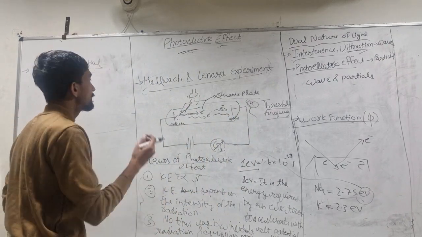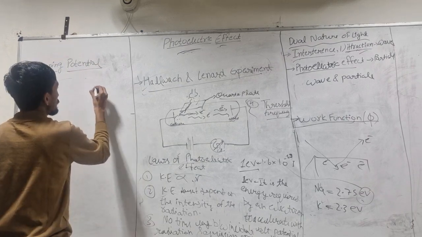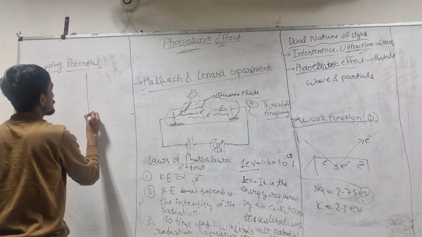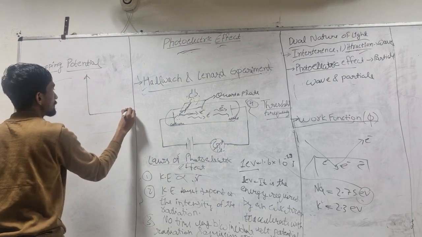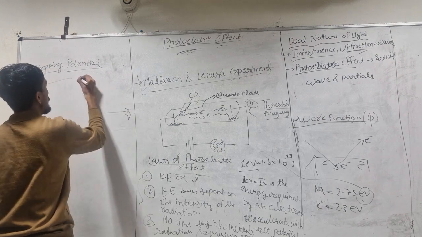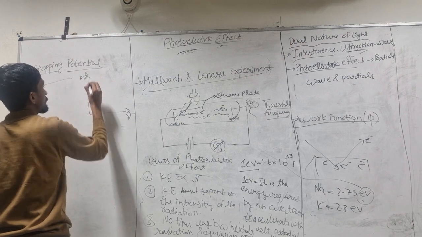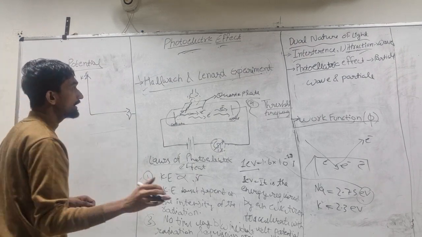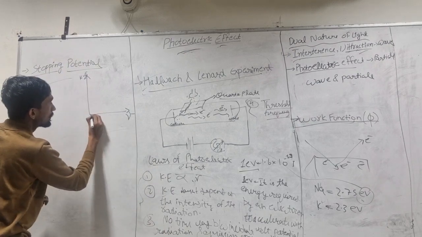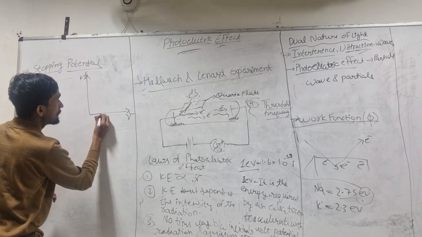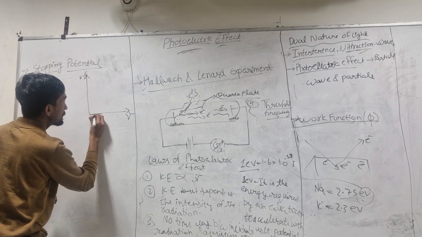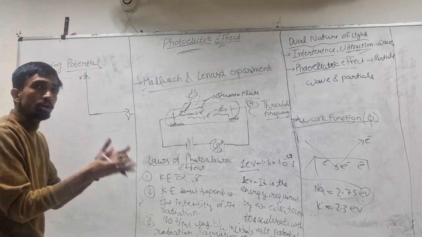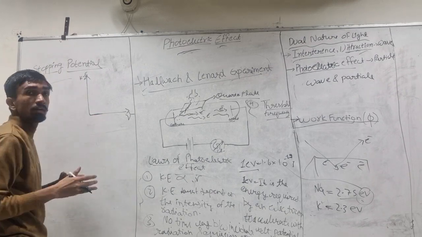So there are some graphs between frequency and kinetic energy. When we increase the frequency, there is a point where there is no kinetic energy, or there are no electrons.